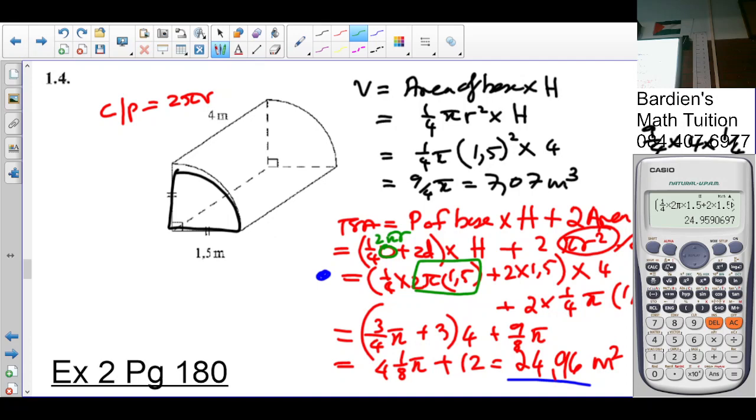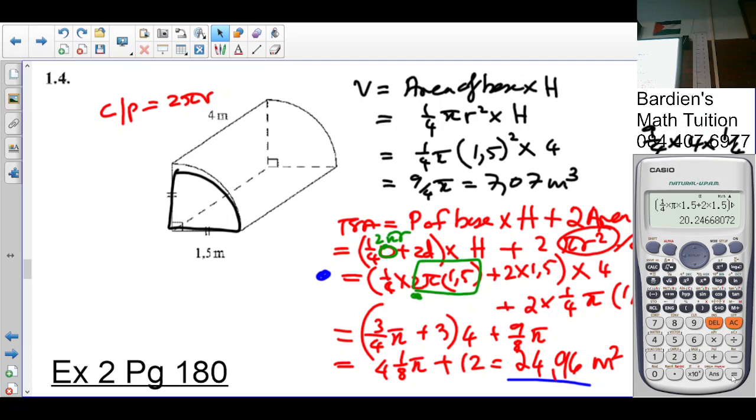Let's see what they said. They said 707. Our area volume is correct. So they got a quarter pi r. Okay, the textbook showed this 2 here. Yes, the textbook is wrong, okay?